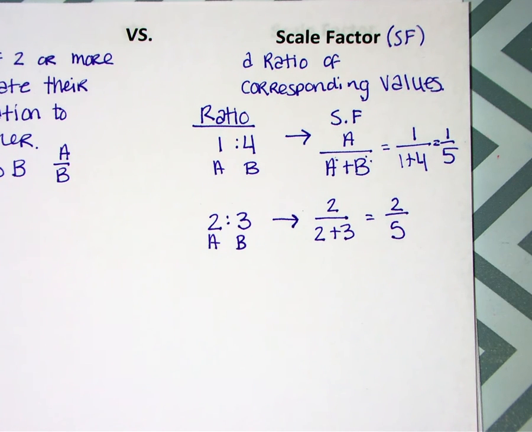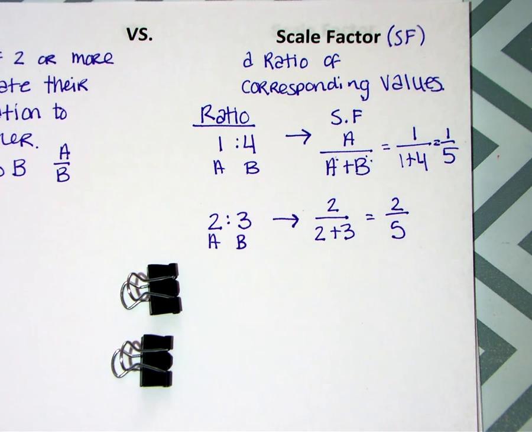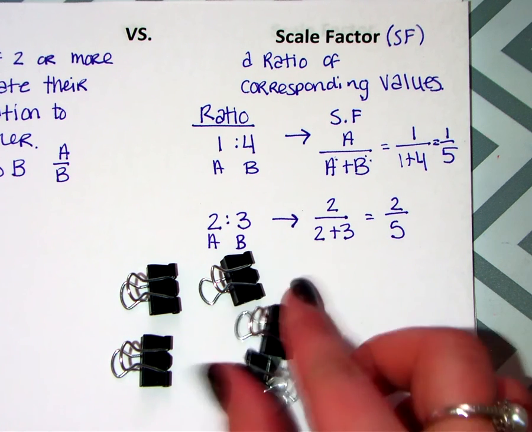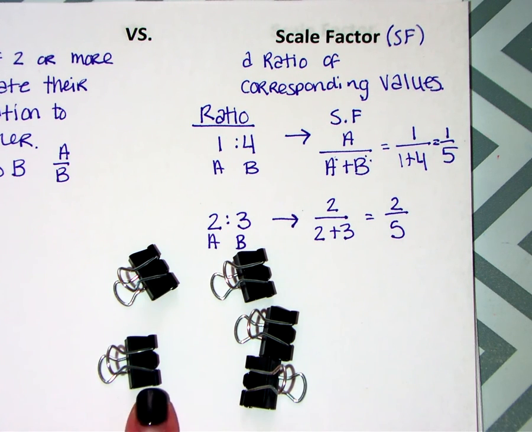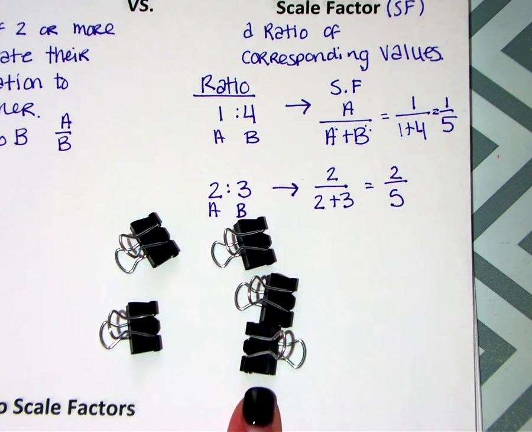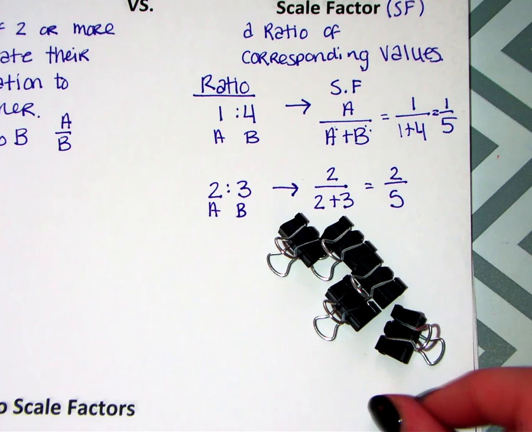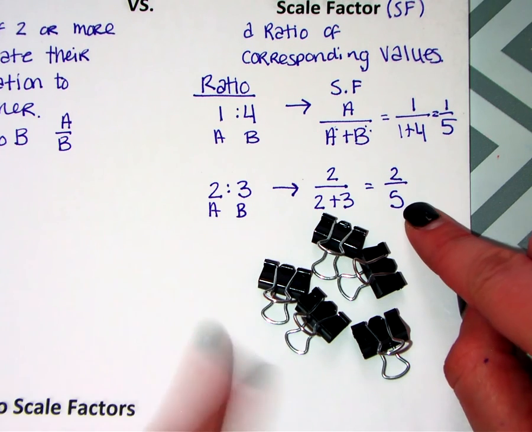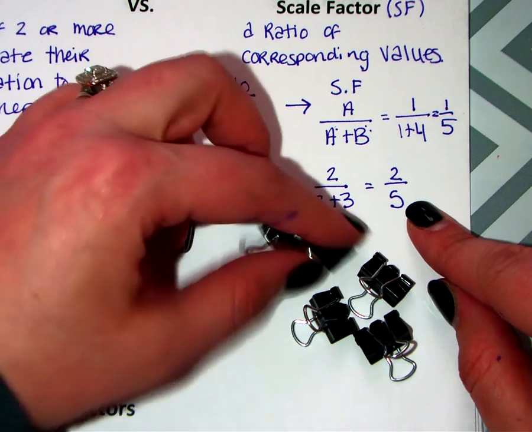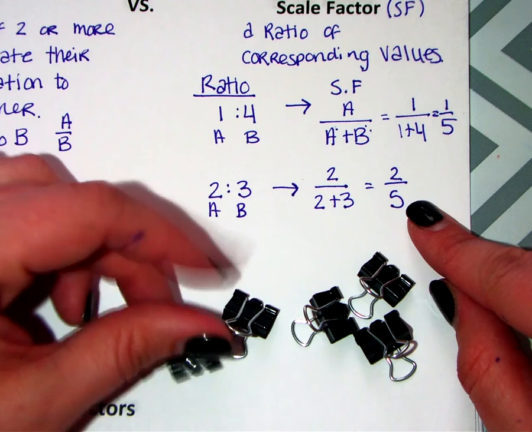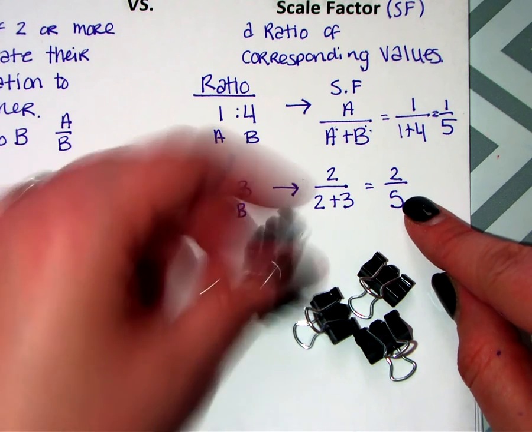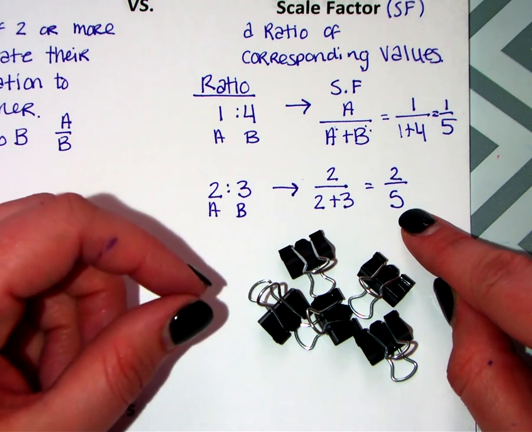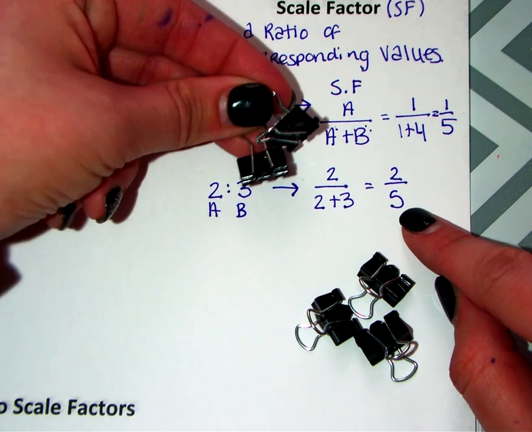In terms of a ratio, for every 2 binder clips I have, you have 3 binder clips, a 2 to 3 ratio. In terms of scale factor, out of my 5 total binder clips, I have 2 of them.